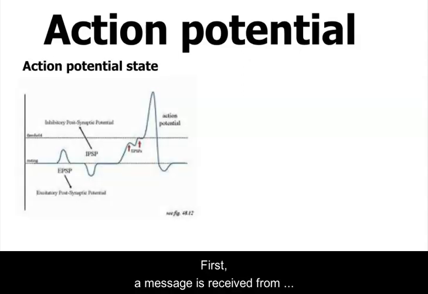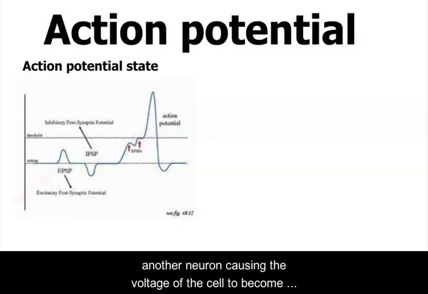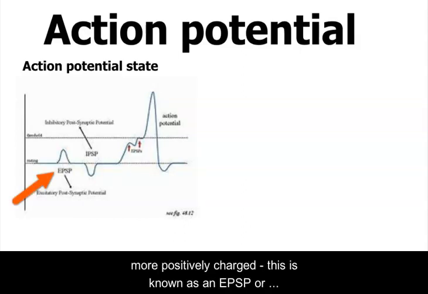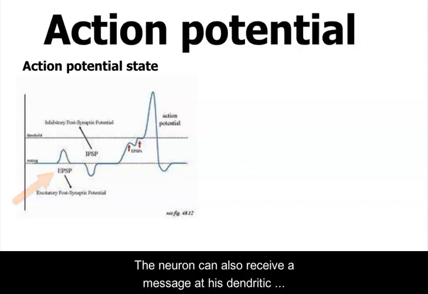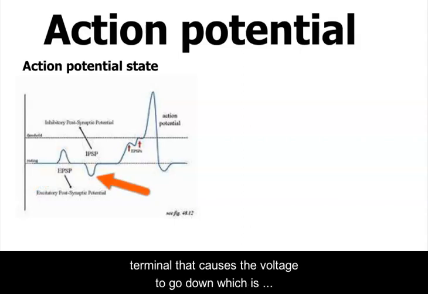First, a message is received from another neuron, causing the voltage of the cell to become more positively charged. This is known as an EPSP, or excitatory postsynaptic potential. The neuron can also receive a message at its dendritic terminal that causes the voltage to go down, which is known as an IPSP, or inhibitory postsynaptic potential.